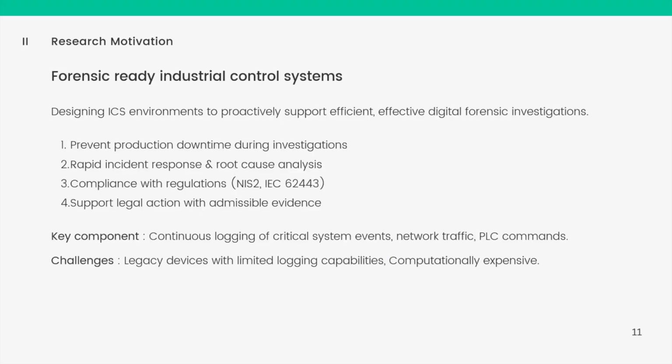So designing an ICS or an industrial control system to proactively support efficient, effective digital forensic investigation is called making it forensically ready. So making it forensically ready, we can prevent production downtimes during investigations, and we can provide rapid incident responses, and we can analyze the root cause quickly, and we can be compliant with the regulations, and we can support legal authorities with good evidence.